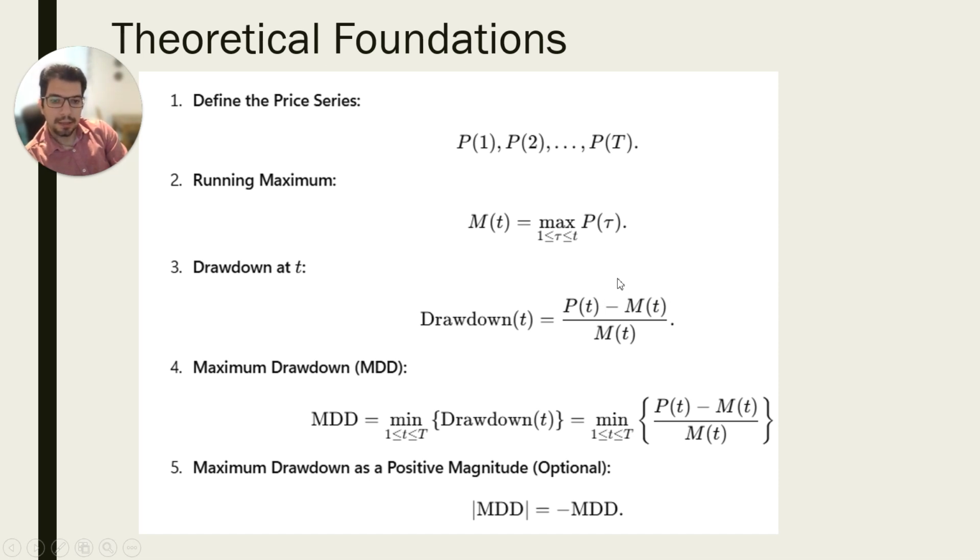by dividing the difference of the current value and the running maximum by the running maximum value to get the drawdown. And as you can see, the drawdown would be a negative value, because the running maximum is always higher than or equal to the current value or price.